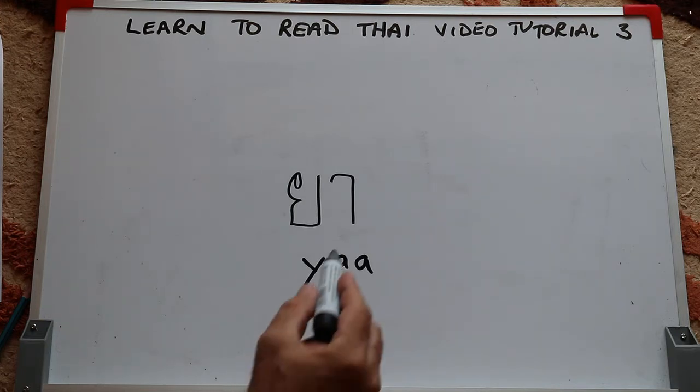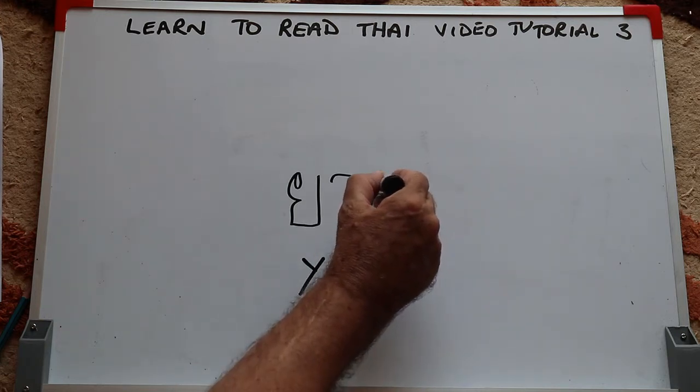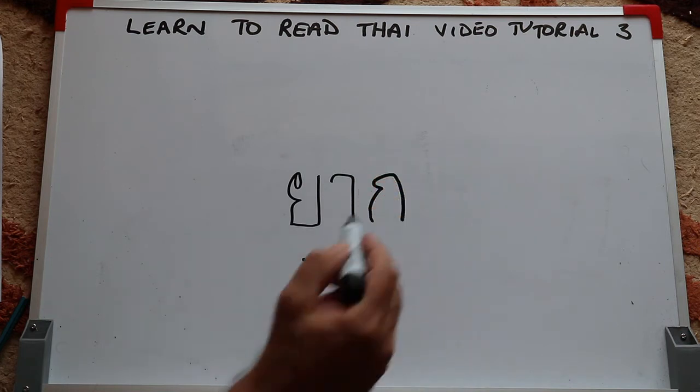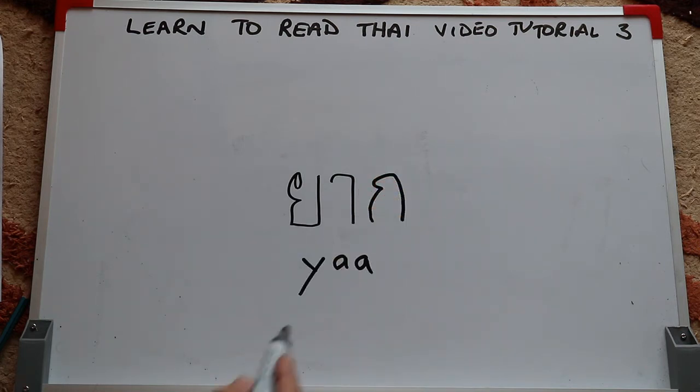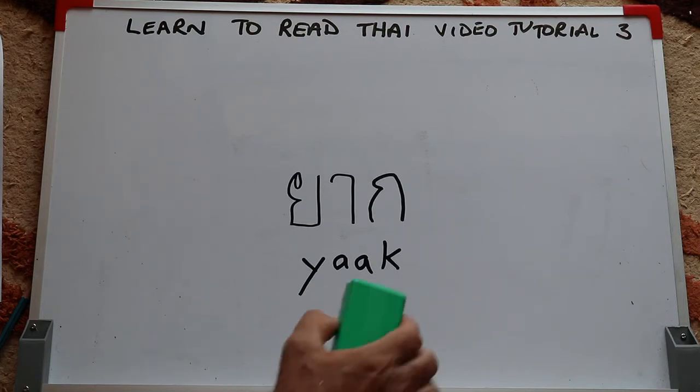If I just add the gorgai on the back, which is an unreleased K, as a final consonant. Yak, yak. That word means difficult in Thai. I'll change it again slightly.